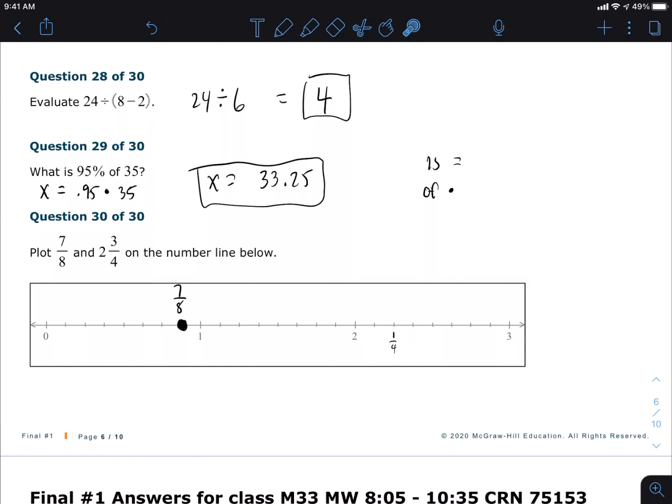Then this is 3/8, then this is 4/8, and 4/8 is a half, right? 5/8 and 6/8, so 6/8 is 3/4, 7/8, and then 8/8 takes us to the next number, which is 3. So 2 3/4 should put a dot right here. And this is 2 3/4. And that's the test.